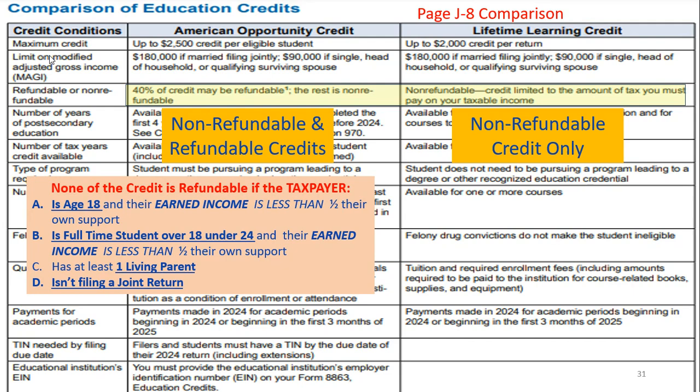If I'm a full-time student over 18 but under 24 and the amount of money I make is less than half of my own support, I can't take the refundable portion of the credit. If I have one living parent and I'm under the age of 24, I can't take the credit. And if I'm married but I'm not filing a joint return with my spouse, then I can't.